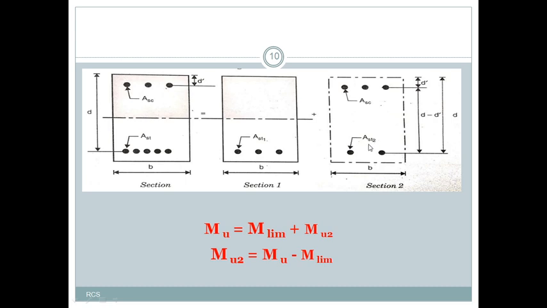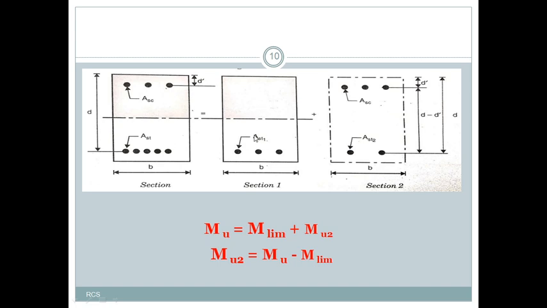Say, for example, your beam has to resist a moment of 400 kilonewton meter, if you are providing a doubly reinforced beam.